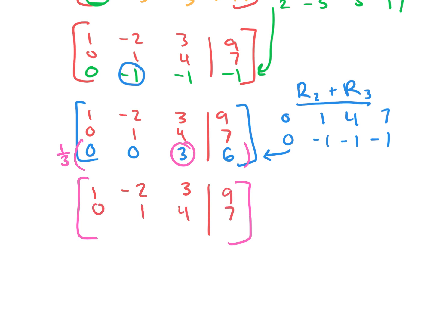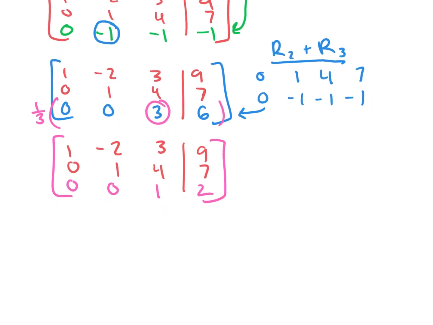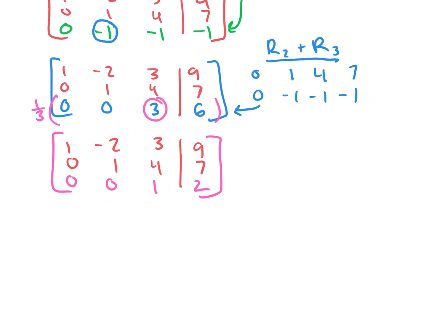And then the third row is going to be 0, 0, 1, 2. So I have this set up the way I want it to. I have a diagonal of 1s with the 0s underneath. The other numbers above can be anything.